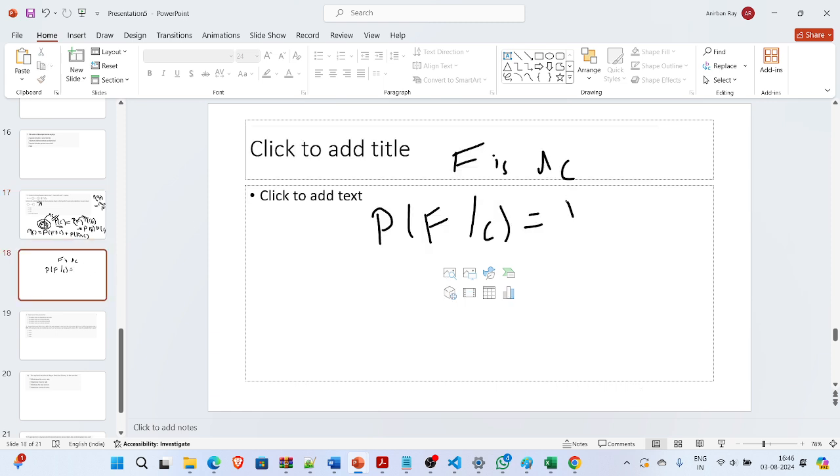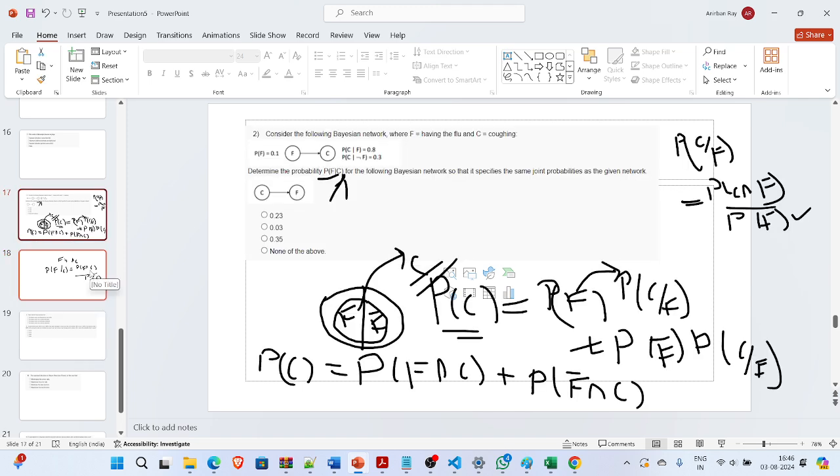So what is this? P of F intersection C divided by P of C, simple enough, right? Now you have to understand that in the other case C is dependent on F. These are two separate cases, but they have given that the joint probability remains the same.